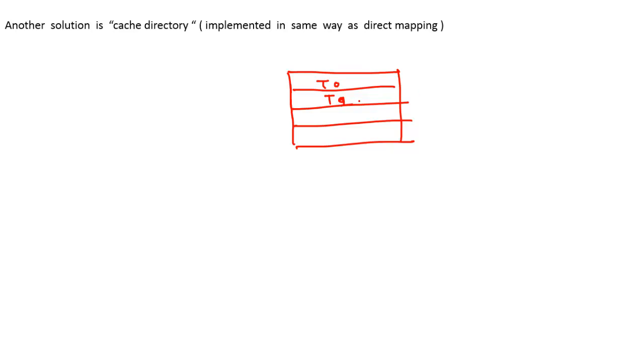For example, at the 0th index of the cache directory, the content of the memory word would be the tag bits of the 0th block of cache. Okay, and the content of the first word would be the tag bits of the first block of cache memory. Similarly, T2 and T3 also represent the second and third cache blocks' tag content. All right.